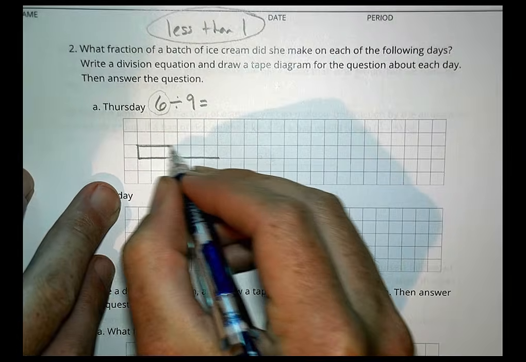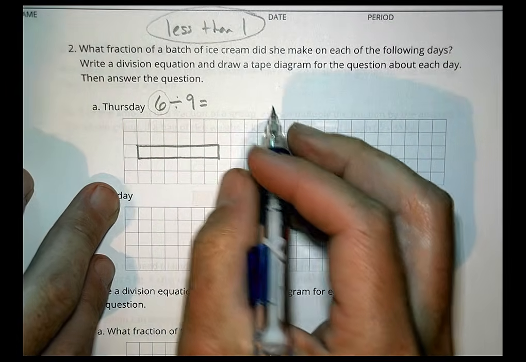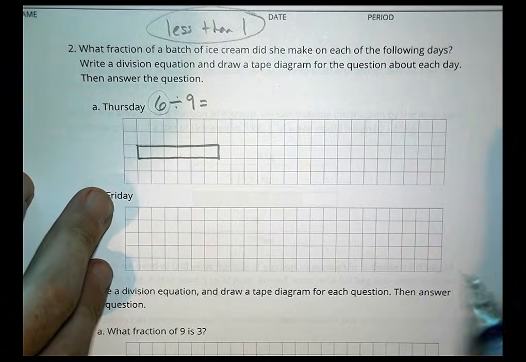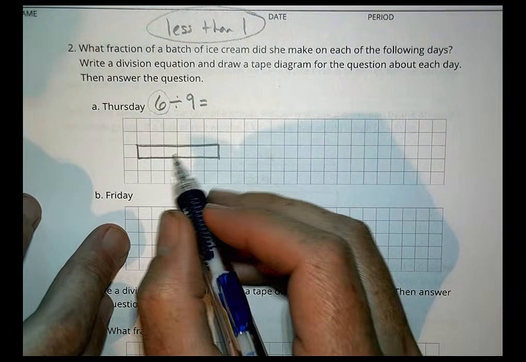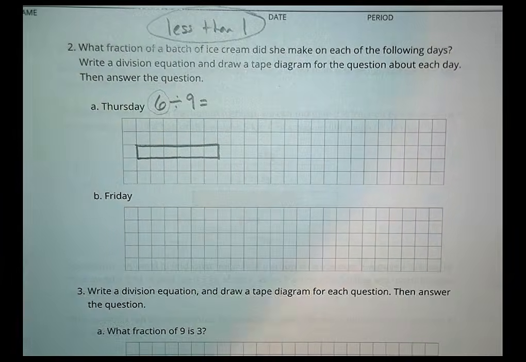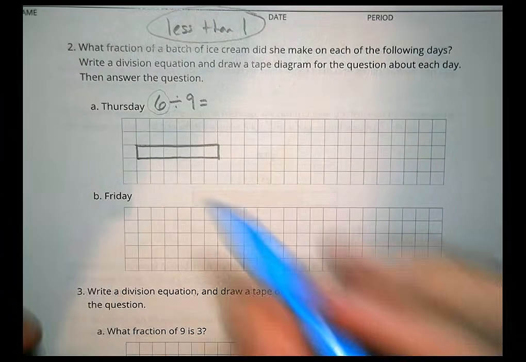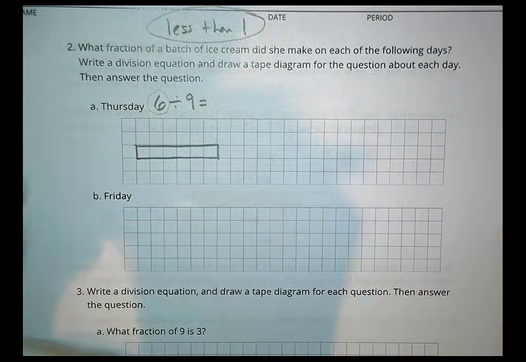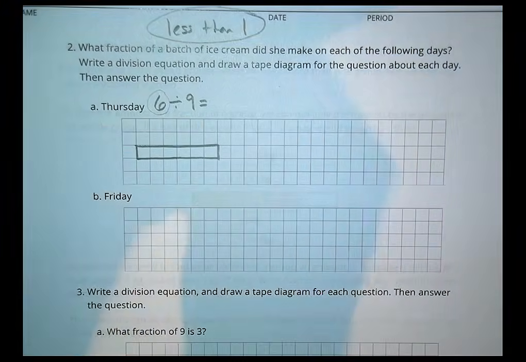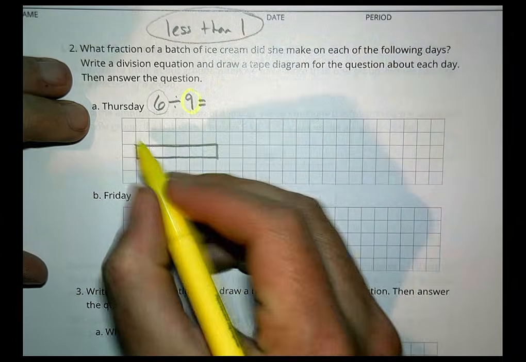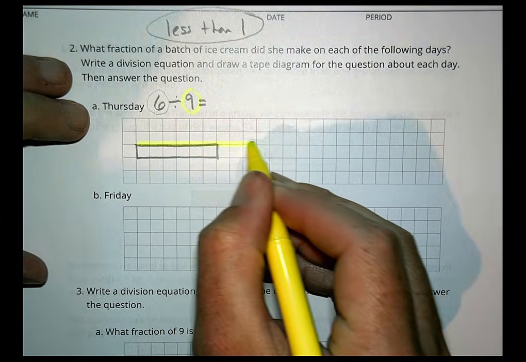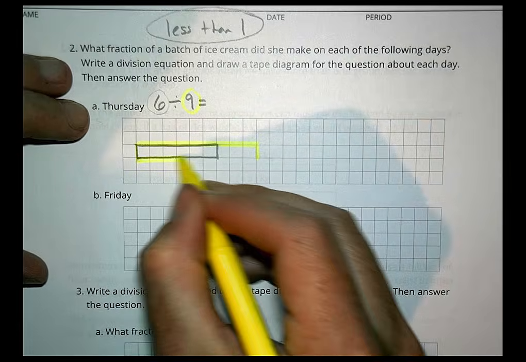That's my 6 right there that we used. We used 6 cups, but we know that a batch requires 9 cups. Let's go ahead and make my batch. We've always been making our batches yellow-green. My batch, though, should go all the way out to here, shouldn't it? That's where the batch should be.